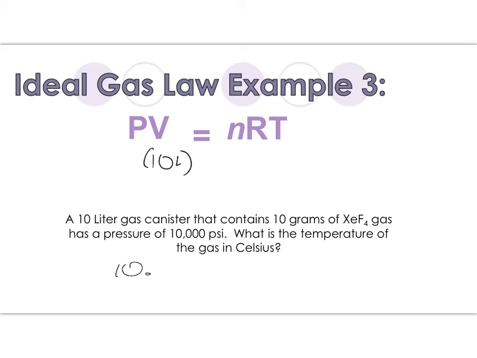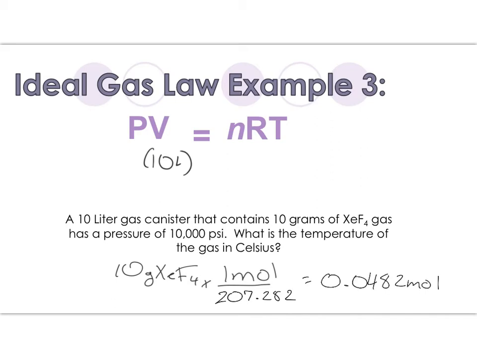If you have 10 grams of something, in order to plug it into the formula, you have to change it to moles. So you're going to look on the periodic table and find the molar mass of this entire compound, and when you do that, you get a molar mass of somewhere around 207.282, which ultimately results in this many moles.